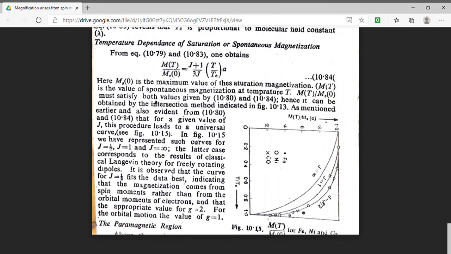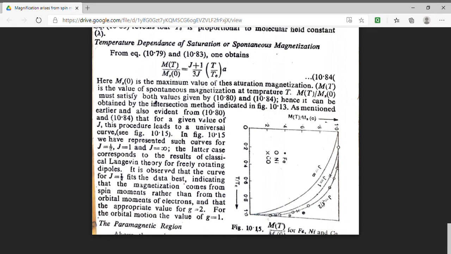J equal to half shows that magnetization comes from spin rather than orbital motion. So the value of the Landé factor will be g equal to 2, which is for spin motion, and it will not be equal to 1, which is for orbital motion.